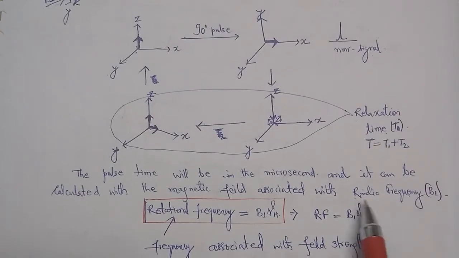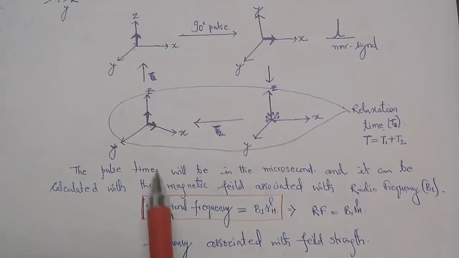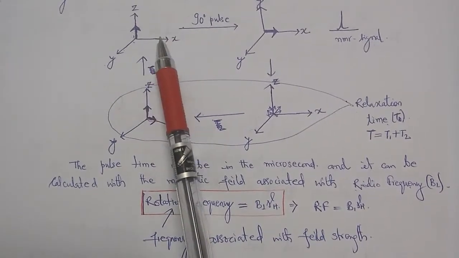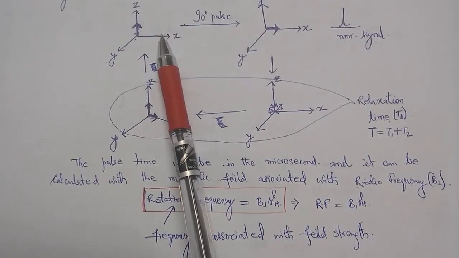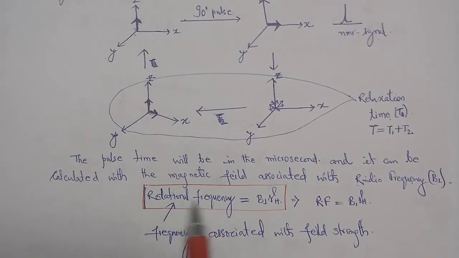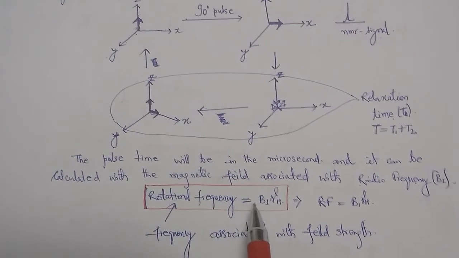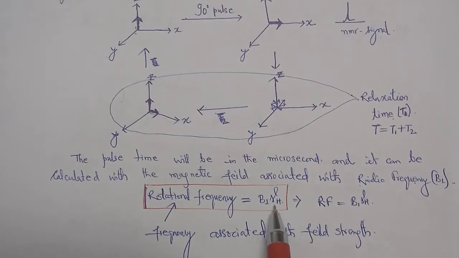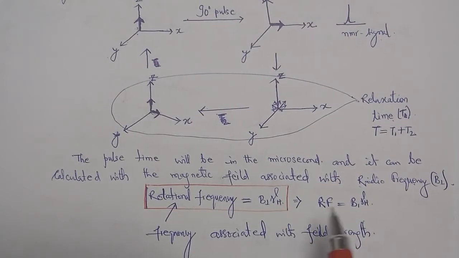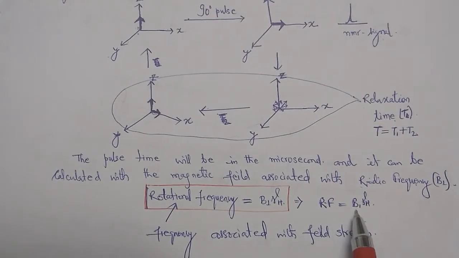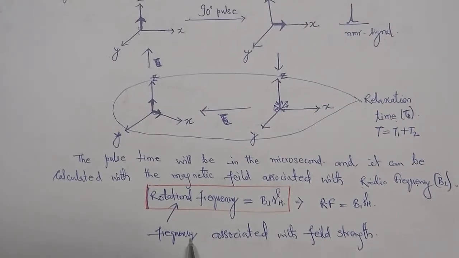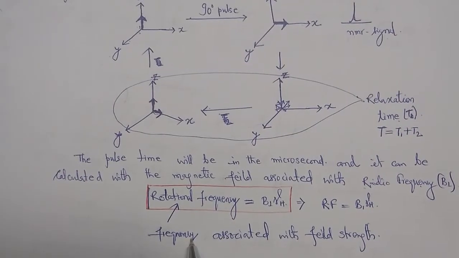Here we can see the rotational frequency from the z-axis to the x-axis will be given by the radio frequency B1, that is, the rotational frequency will be equal to B1 into gamma of the proton, that is the gyromagnetic ratio of the proton. So we can write in the short form as RF equals B1 gamma H. This rotational frequency is the frequency that is associated with the field strength which is applied externally.